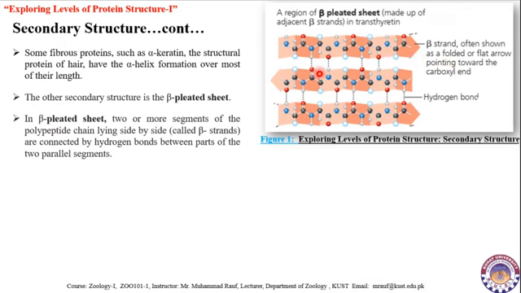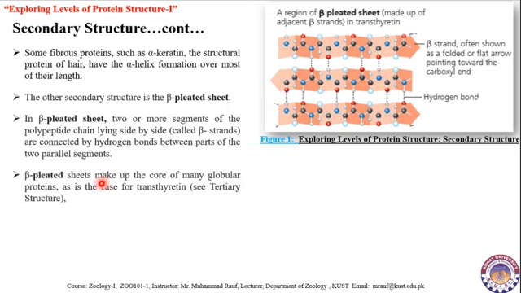And now hydrogen bonds will be established between them. Beta-pleated sheets make up the core of many globular proteins. Core means the inner region of many globular proteins, and they dominate some fibrous proteins, including the silk proteins of a spider's web.